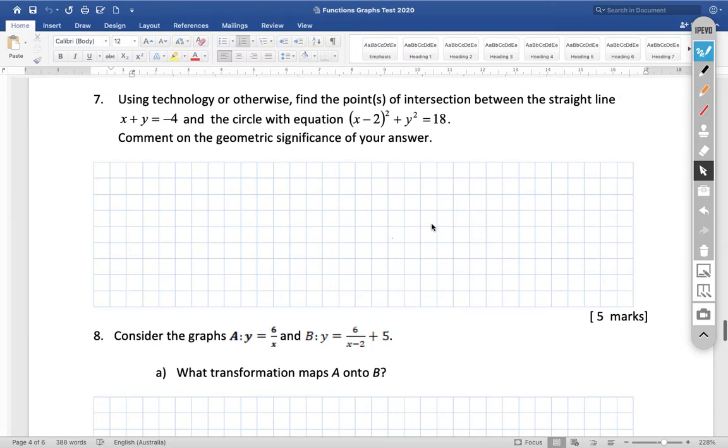All right, using technology or otherwise, find the point. Using technology can be a bit tricky if you've got a circle. You could rearrange though. y equals, well, let's keep it as a squared first. 18 minus x minus 2 squared.